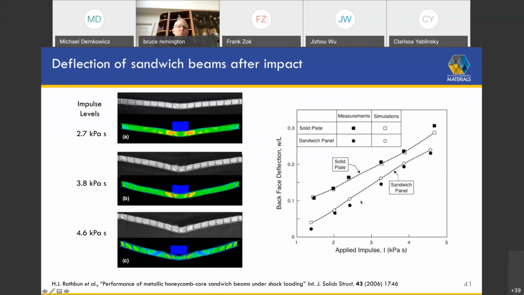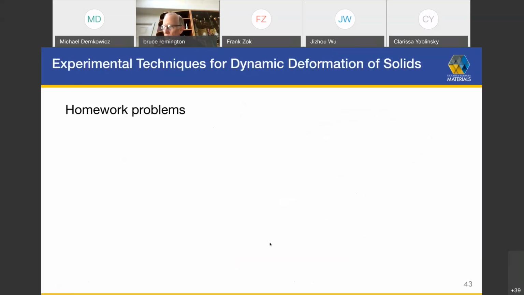And we can then also compare the experimental results to numerical simulations in order to get a better understanding of the nature of the deformation that gives rise to the displacements on the back face. Okay? So this, I think, is a very clever way of getting impulsive loads without actually having to use explosive devices.